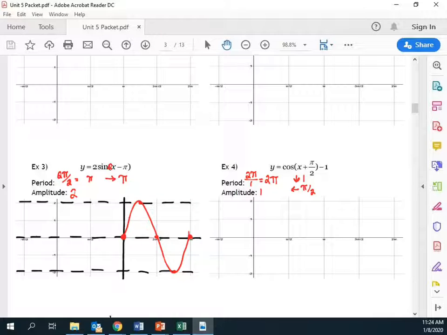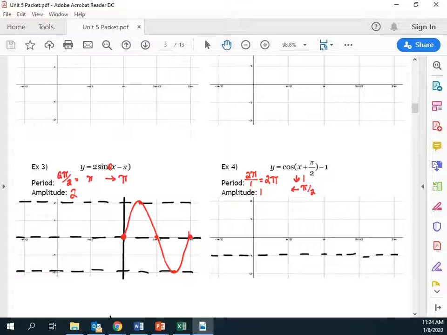All right. A lot of stuff happening here, I guess. Down 1. We've got to address that first. Our center is now not the x-axis, but what? -1. Y equals -1 is our new center. That's our new middle.